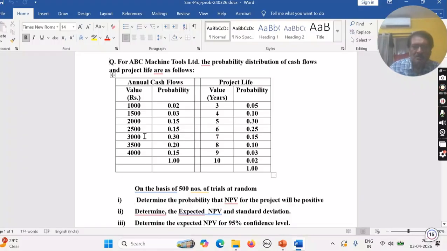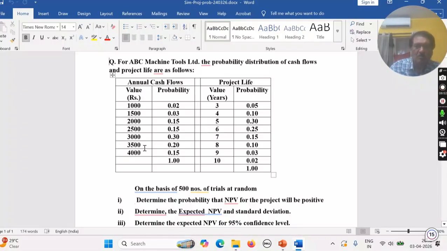Say this line: cash flows will be rupees 3000 with the probability 0.30, that is 30%, in this way. The probability for cash flows, in this case all are cash inflows for determination of the acceptance decision. For cash flows of rupees 4,000, the probability is 0.15.